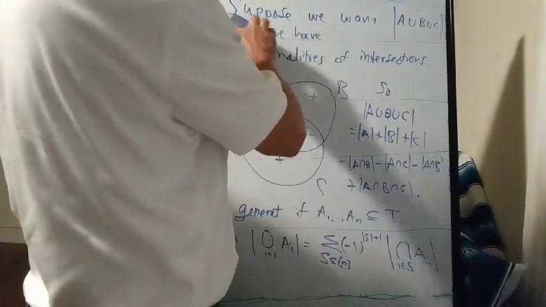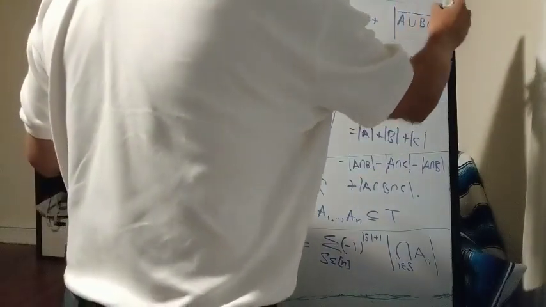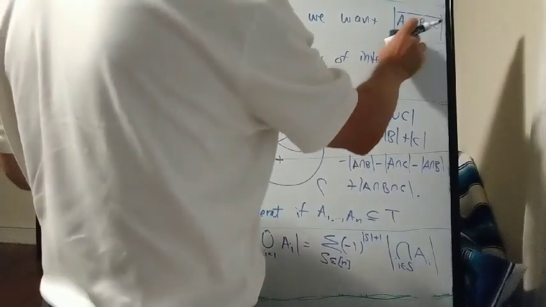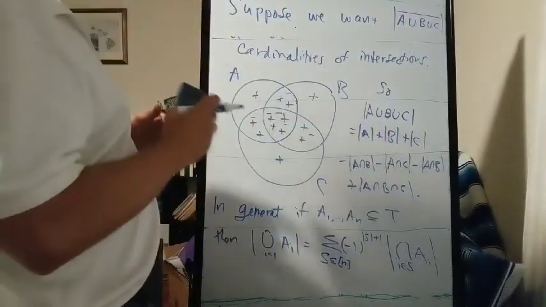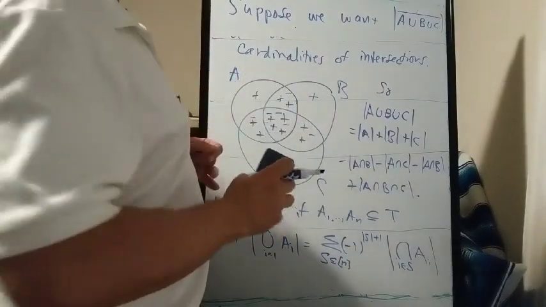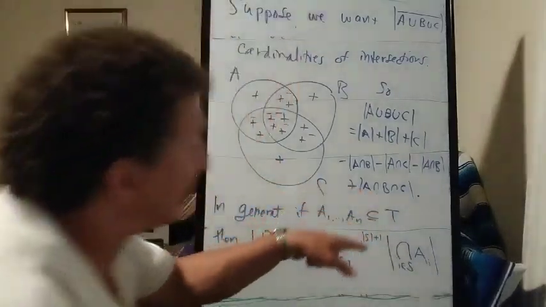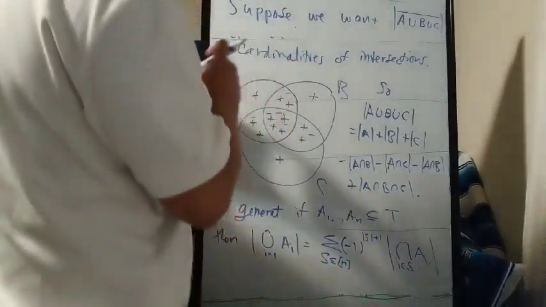Now let's suppose that we want not the union, but the complement of the union. Everything that is outside of this diagram. Well, if we know how to count the things that are inside this diagram, we could just take the cardinality of our universe set T and subtract that.